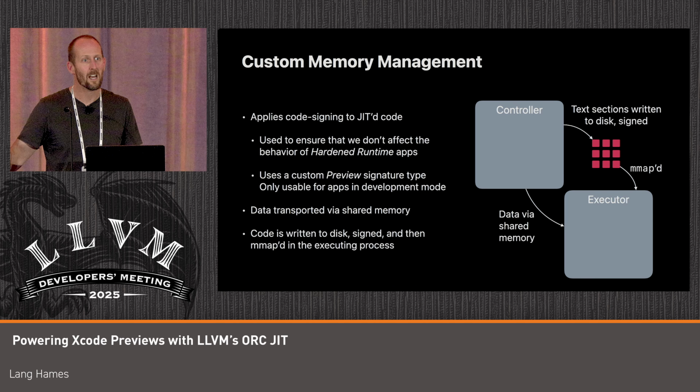The code that's being loaded is signed, the hardened runtime is happy, and all of this works. This is very macOS specific, but I share the story here because if anybody's been interested in using the LLVM JIT but thought, I work in a constrained environment and I'm not sure that the JIT APIs could work here, you can often get the JIT to work just by customizing the memory management interface to deal with these kinds of issues.